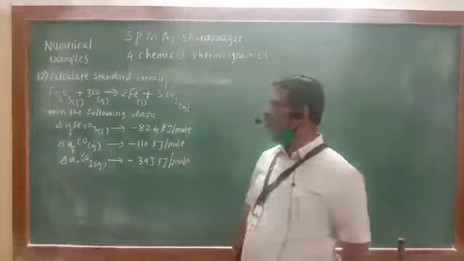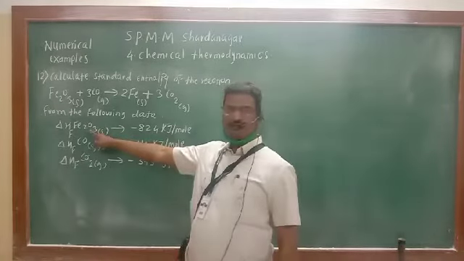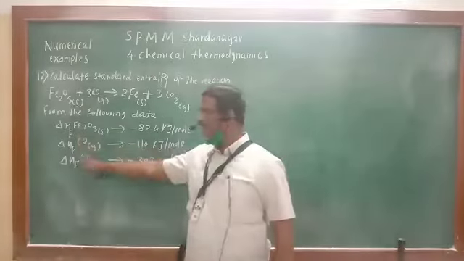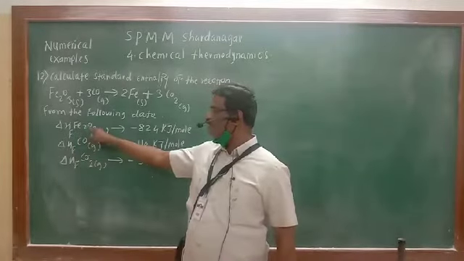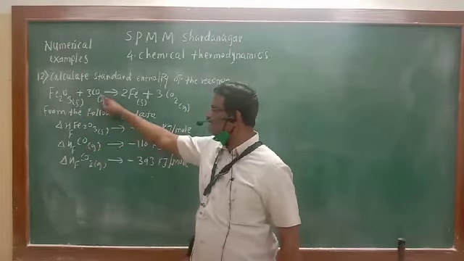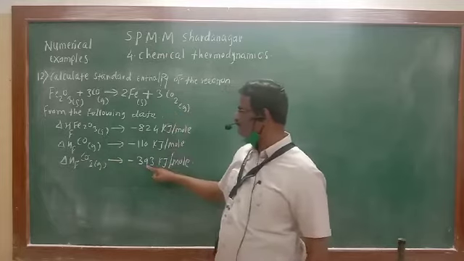In the data, they have given the enthalpy of formation, delta Hf. The enthalpy of formation of Fe2O3 is given, the enthalpy of formation of CO gas is given, and the enthalpy of formation of CO2 gas is given.